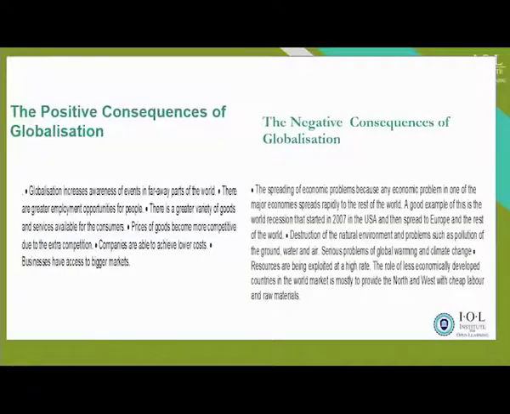Now, if we look at the positive consequences and negative consequences, some people say positive, some people say advantages. So what are the good things about globalization? Globalization increases awareness of events that are happening far from us. So with globalization, when you watch BBC, when you watch news, you'll be able to know what is happening in other countries.